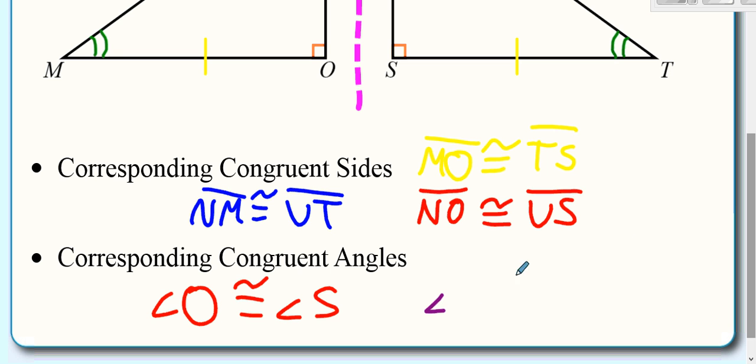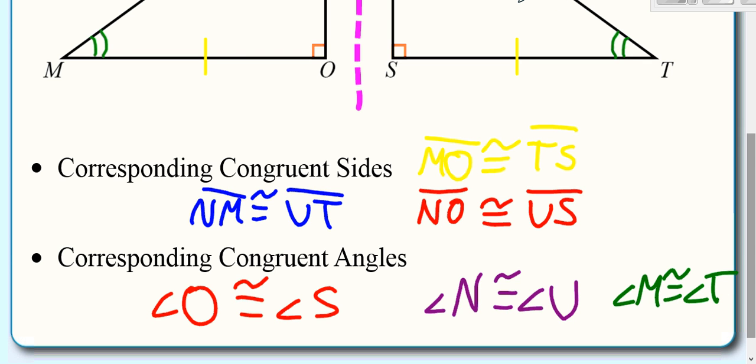They were marked congruent. Then for the third angles, we haven't done angle M yet. Angle M is congruent to angle T. They both have the two arcs on them. That's how you know they're congruent. You have to write the statement.